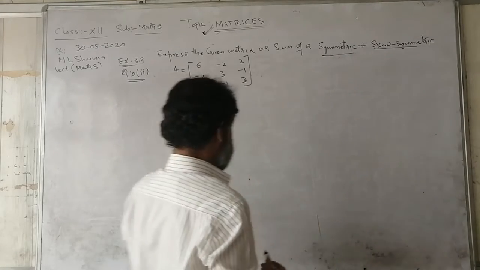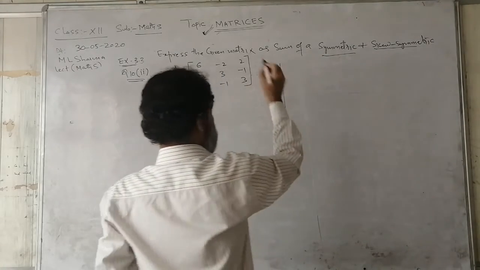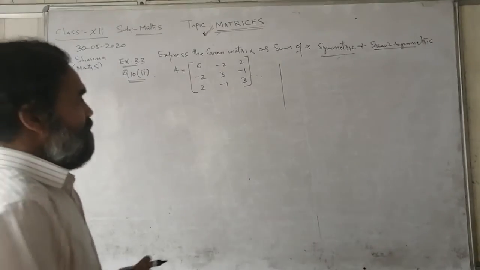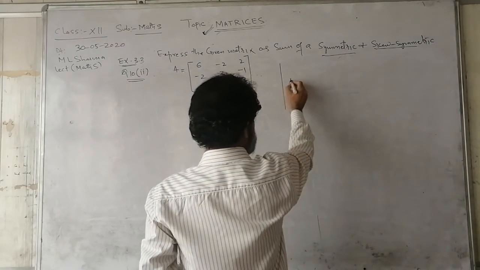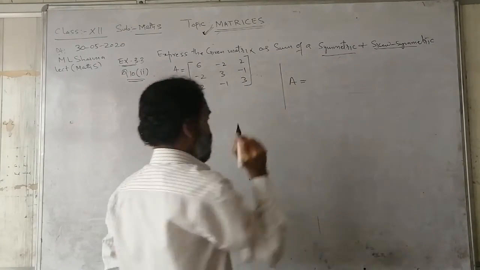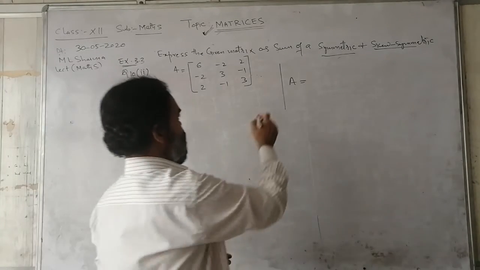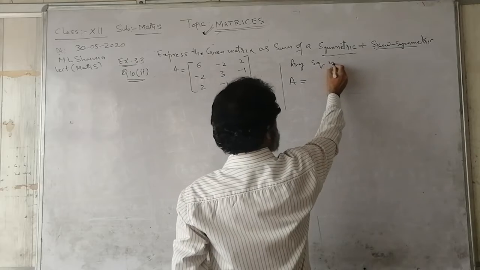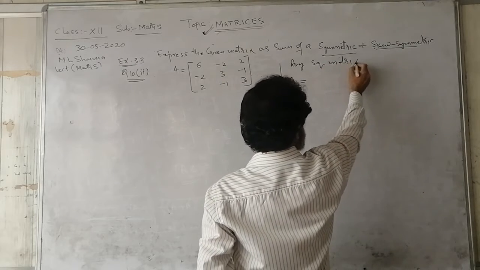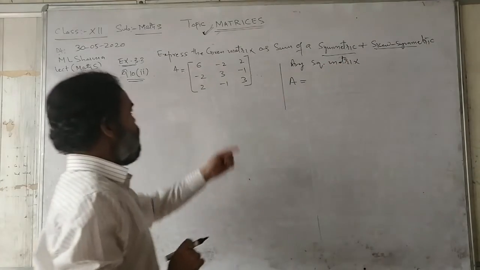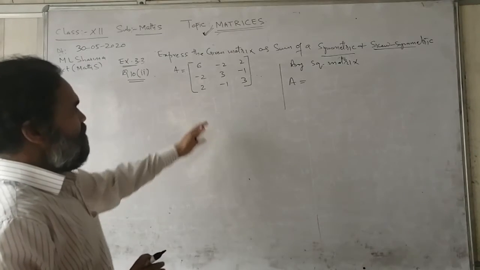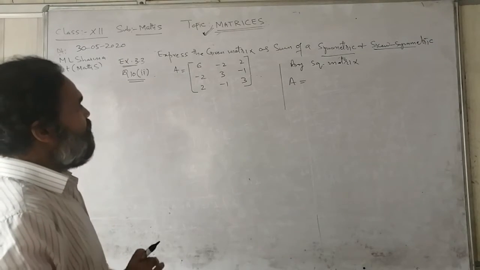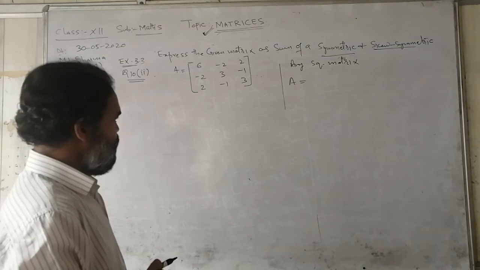So yesterday I had written a theorem. That theorem says that any square matrix, if I have a square matrix, just this is a square matrix, it is having 3 rows and 3 columns, so this is a square matrix.